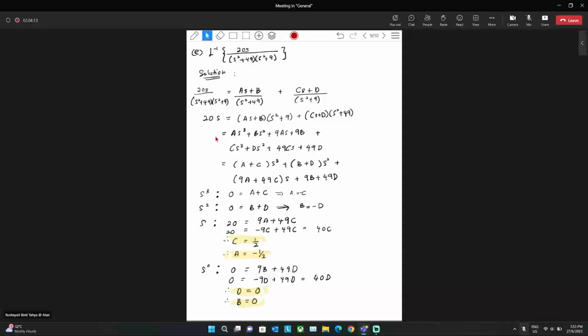You compare your s on your left with s on your right hand side. And s to the power of 3 on your left hand side has no value, so put it as 0. Can you do it like that? Yes, doctor.